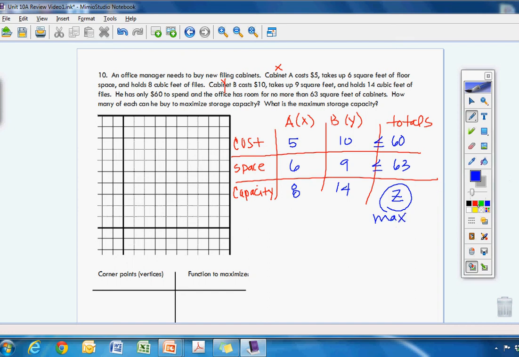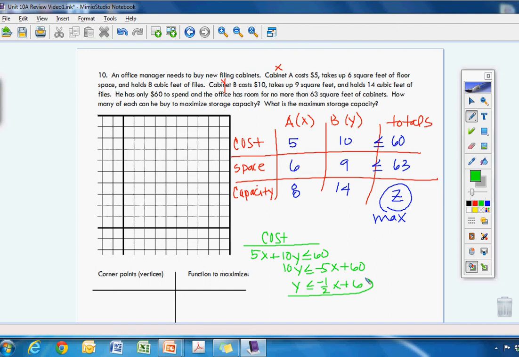So now we can write our equations. So I have cost. So here I have 5x plus 10y is less than or equal to 60. So 10y is less than or equal to negative 5x plus 60. So y is less than or equal to negative 1/2 x plus 6.